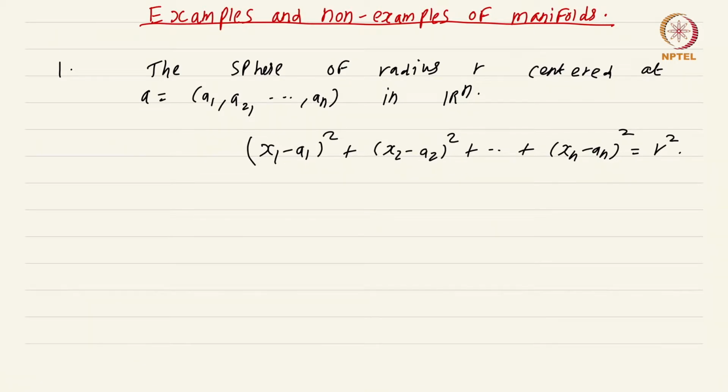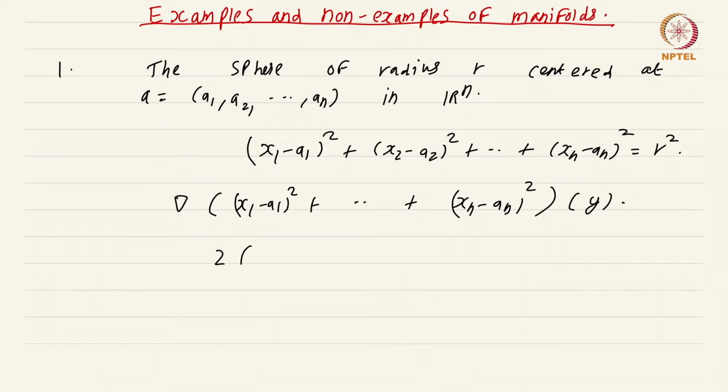of radius r. Now this is a manifold simply because look at the gradient of this function x1 minus a1 squared plus dot dot dot xn minus an squared at some point y, let's say. Now this is just going to be 2x1 minus a1 squared.